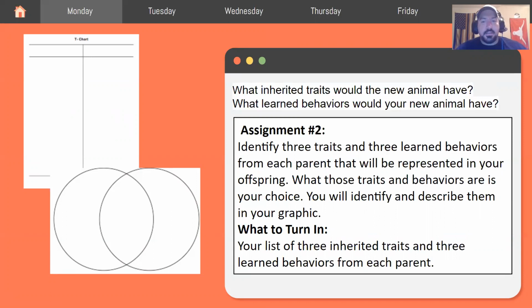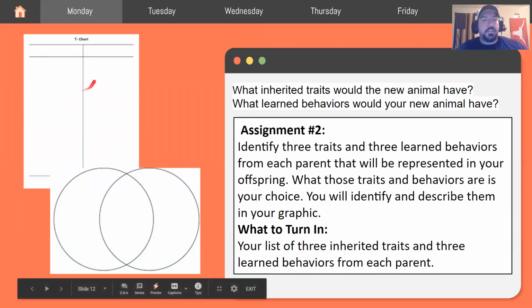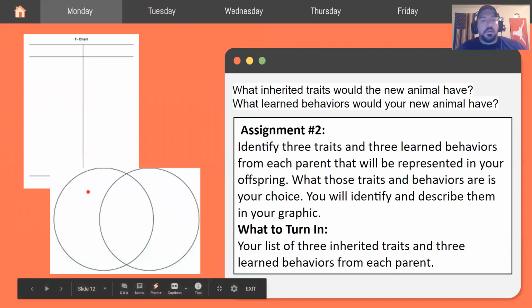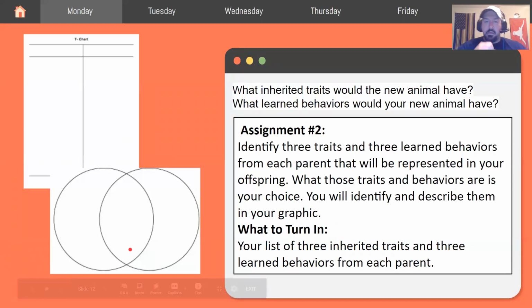So what you need to turn in is a list of those 3 inherited traits and learned behaviors from each parent. Okay, so remember, you can utilize a T-chart where you would put 1 parent animal and 1 parent animal, and then list the 3 traits, or you could do a Venn diagram: 1 parent animal, 1 parent animal, okay, and list the 3 traits, and then how those will combine with the offspring that you're looking at in your final product.